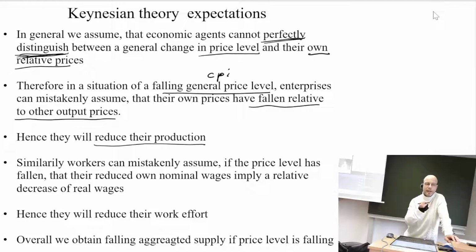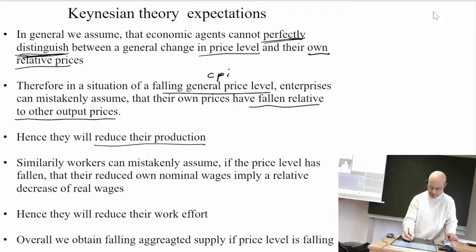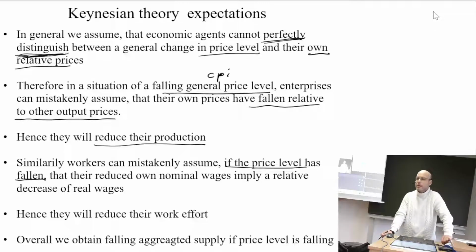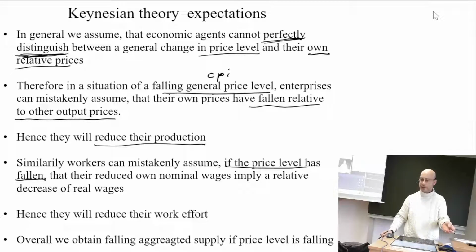And also we could take the view of the workers in the company. They also can assume, well, price level overall has fallen. And that due to this, my nominal wages have fallen. But then it could be also the case that I misspecified, that I see, well, I'm not earning 1,000 euros per month, but only 900.